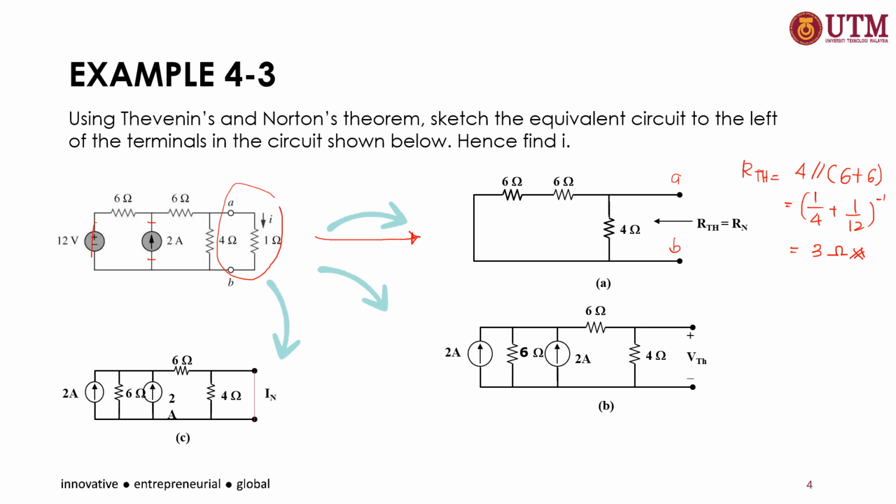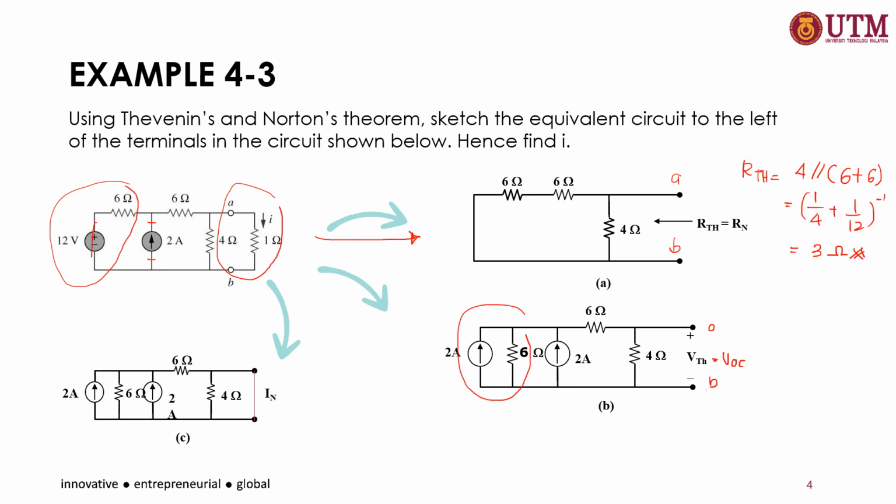Okay, and then for this circuit B here, it is to find the VTH or V open circuit. So at this load, we make it open circuit and then we find the VTH at these two terminals A and B. Okay, so here we want to show you the circuit source transformation.